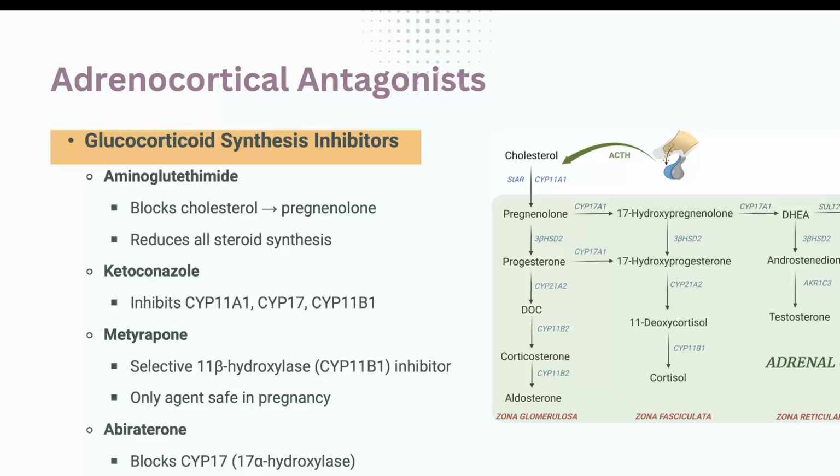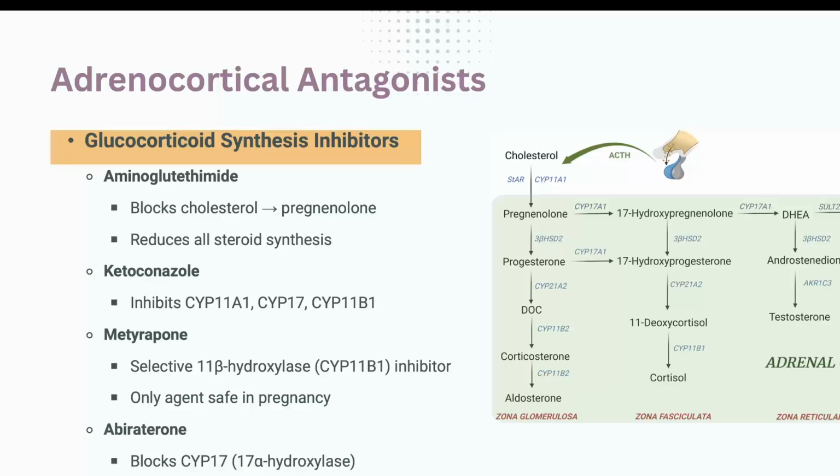So it inhibits formation of cortisol by two mechanisms, by inhibiting cytochrome P11B1 and also by inhibiting cytochrome P11A1. This essential enzyme is responsible for the rate limiting step and leads to inhibition of the biosynthesis of all adrenocorticosteroids.